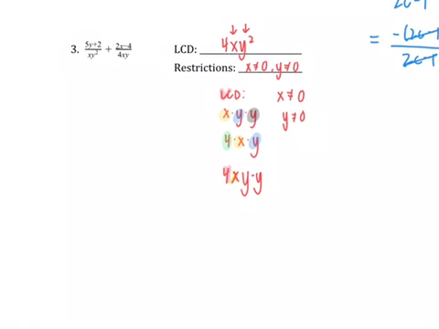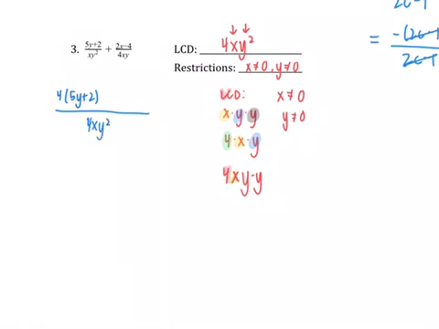So the first denominator is xy squared. So the factor that it's missing from the common denominator is 4. So I am going to multiply technically the numerator and the denominator by 4, by what it's missing. When I multiply the denominator by 4, it's going to give me that common denominator.